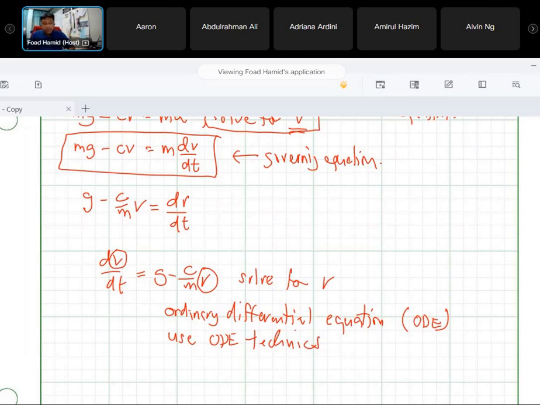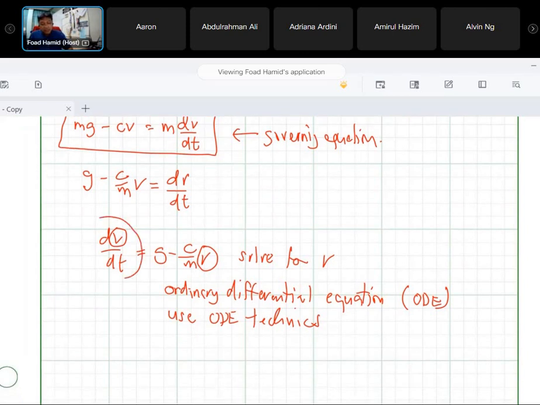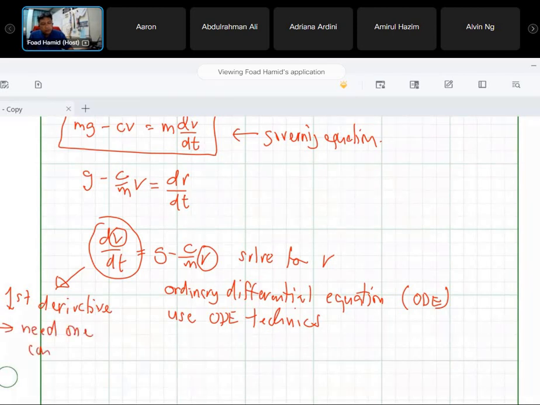So note that this is a first derivative, and because of the first derivative, we need one condition.